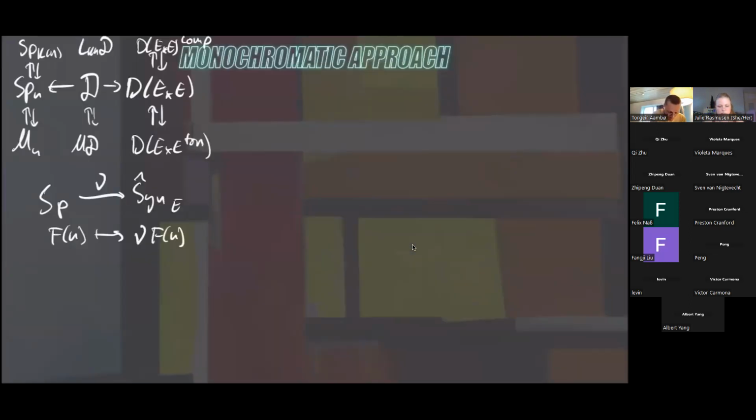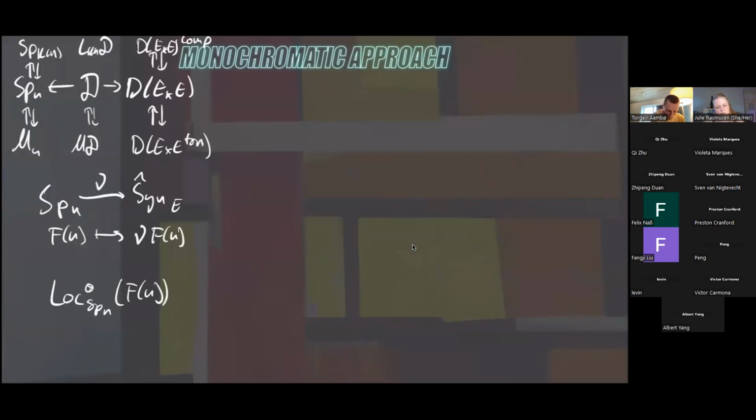Okay, yes, this monochromatic category is constructed as the localizing ideal in SPN generated by FN.